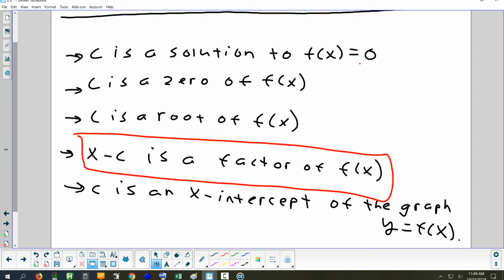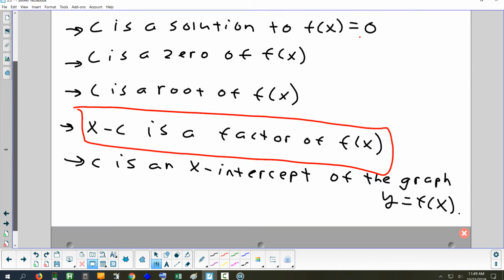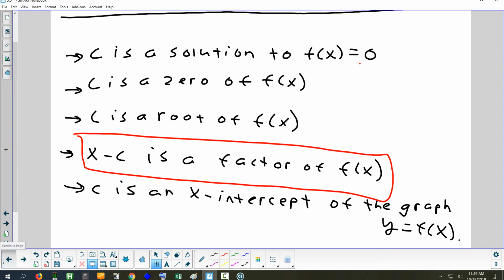If you have found a number that is a root, x minus that number is a factor. Why? That's the factor theorem. When I gave you the factor theorem, I didn't mention it again, but it had that IFF in it. If and only if. Okay, I'm going to go back to that for 1 second.